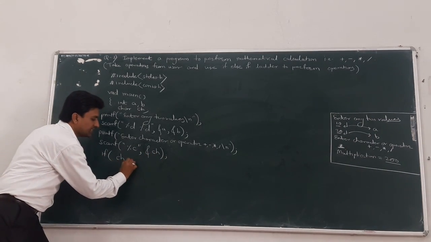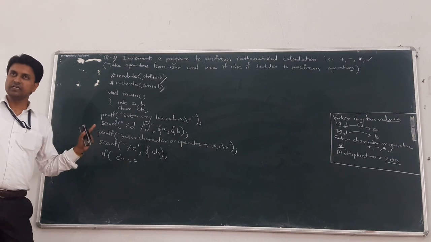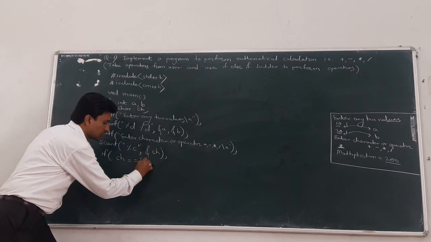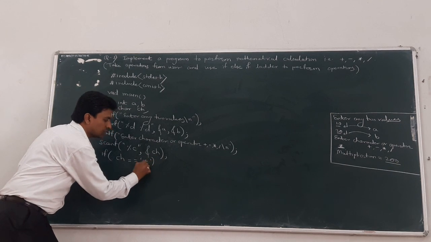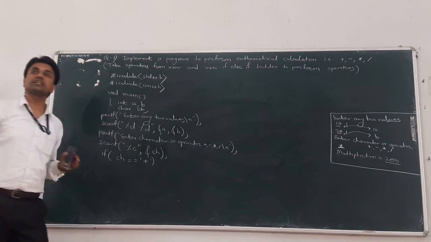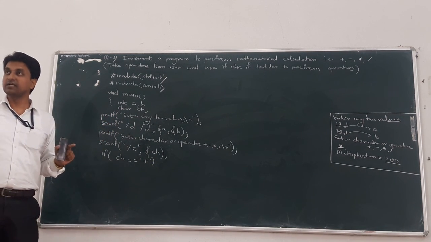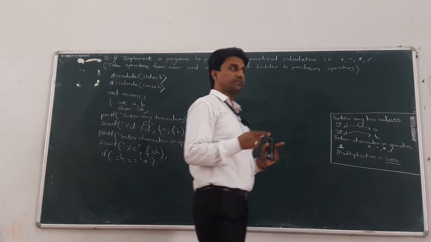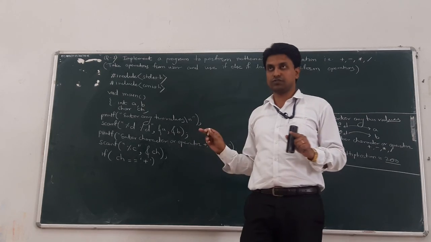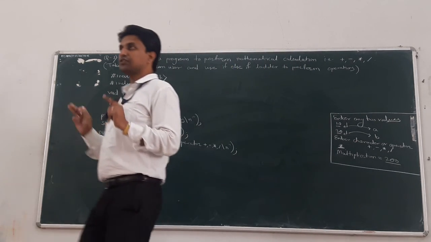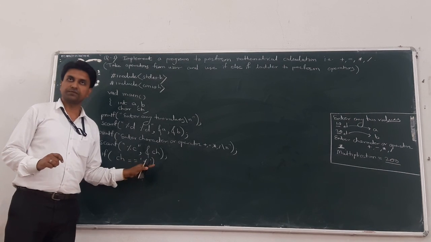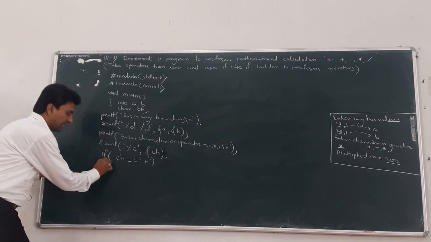So ch is equal to, if the user enters plus, write plus inside single quotes, because it is a single character. If it is a single character, use single quotes. If it is a string, that is multiple characters, use double quotes. Clear?